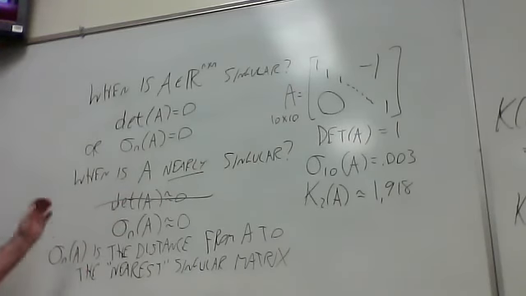So this is one reason why the determinant is not really used very much in numerical linear algebra, as opposed to theoretical linear algebra. It's just not practical. It doesn't give us the information we need about how sensitive a system is to round-off error and things like that.